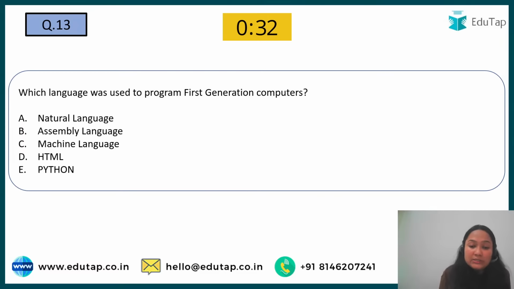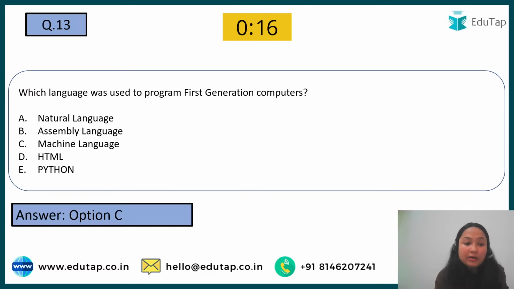So I'm getting option number A. Yes, it could also be captcha, but that is not in the options. Alright, so I'm getting option number C as the answer. That is absolutely correct. In the first generation computer, we started using machine language, binary code.